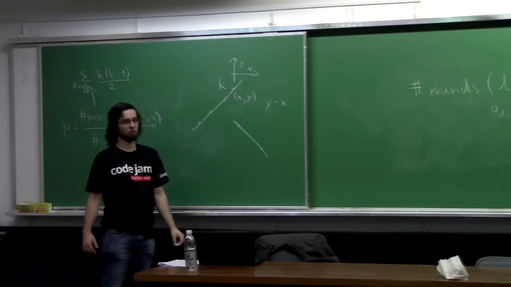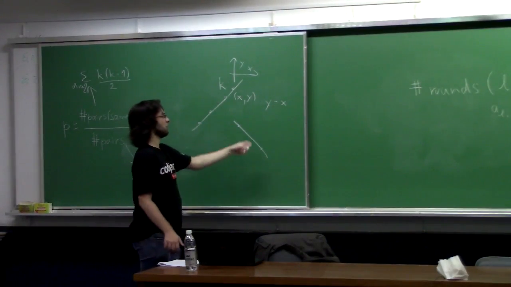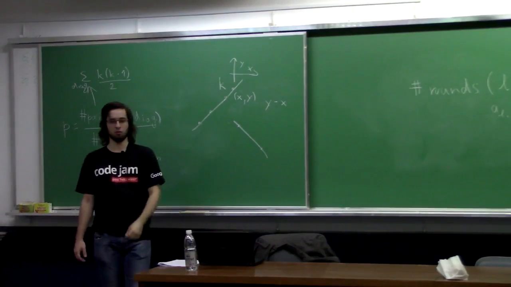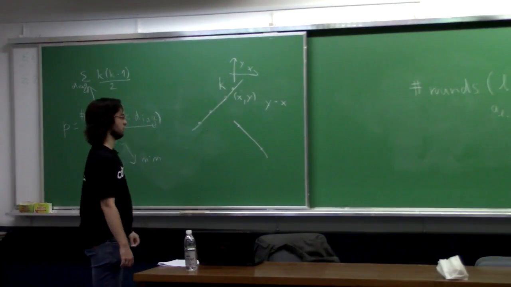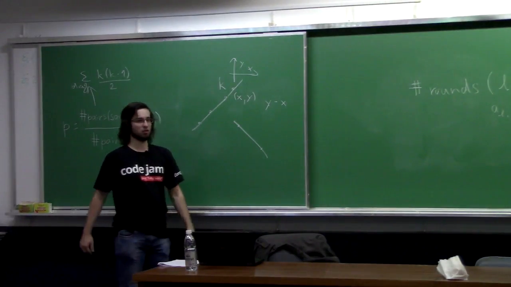So we can just put all those points in a map depending on their value of y coordinate minus x coordinate, and then loop over all those entries in the map, and we have for each diagonal the number of points that appear on it.